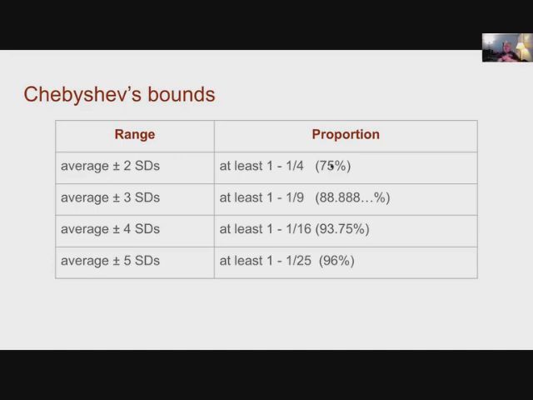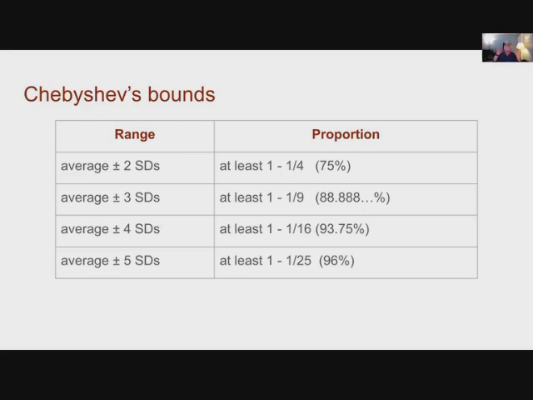So regardless of the distribution, of any data, we know that 75% of the data is going to be within 2 standard deviations of the center. And that goes up. Looking at the bottom, plus or minus 5 standard deviations gets us 96% of the data, which is over our magic number of about 95%. So regardless of the distribution, within 5 standard deviations either way of the mean, we're going to capture the bulk of the data.